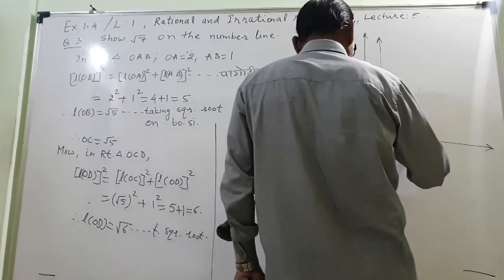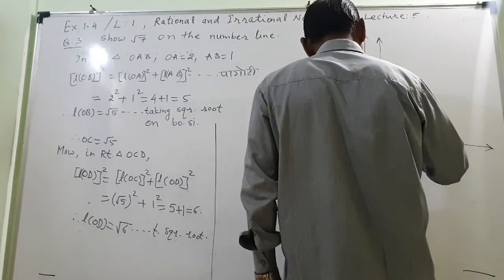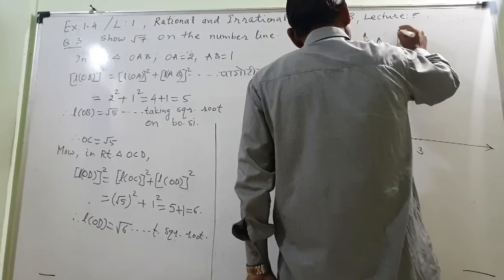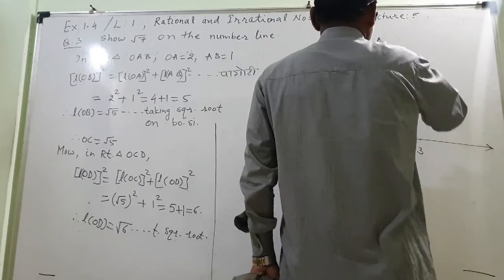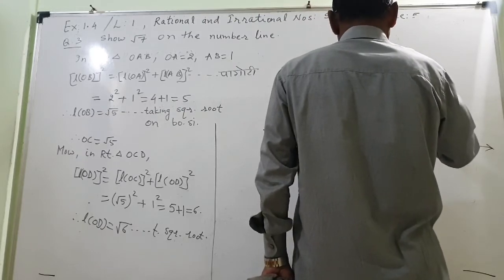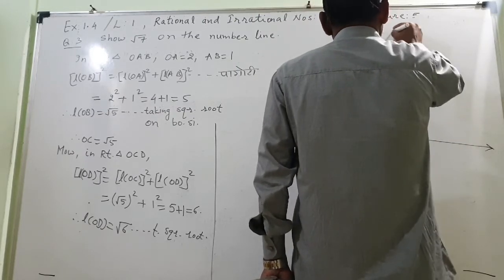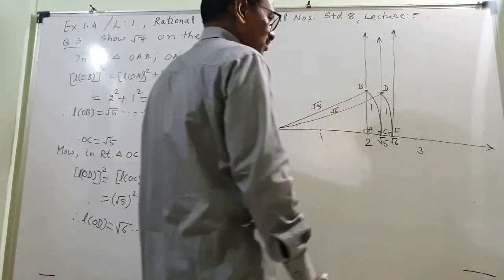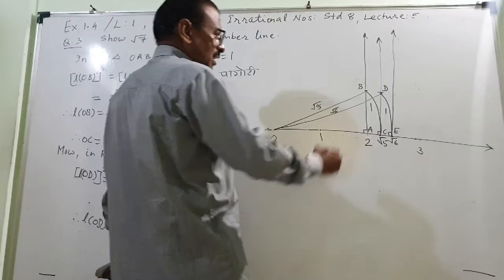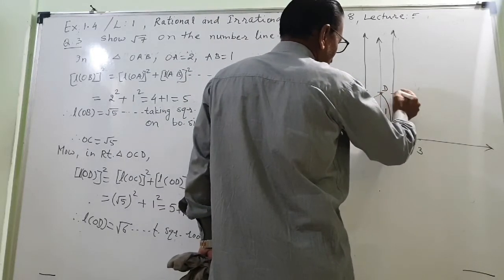Again draw a perpendicular from this point. It is not coming properly, but if we take the scale properly and draw. Again, how much distance? 1.